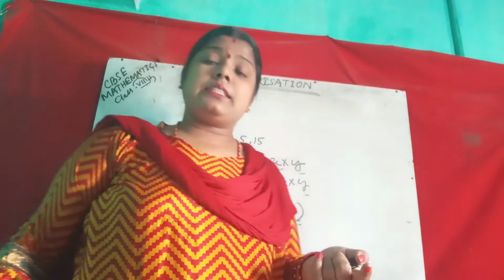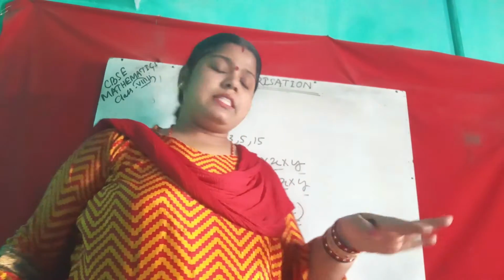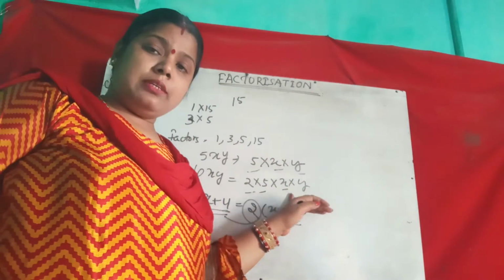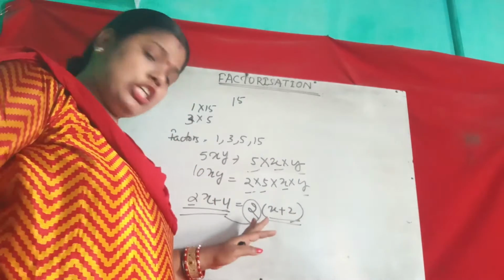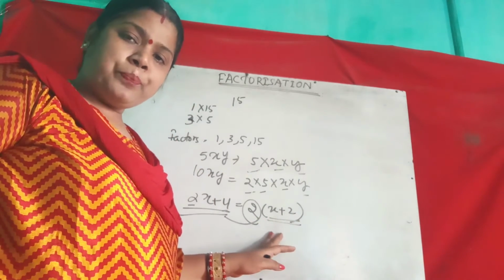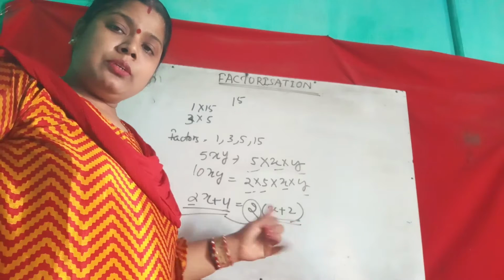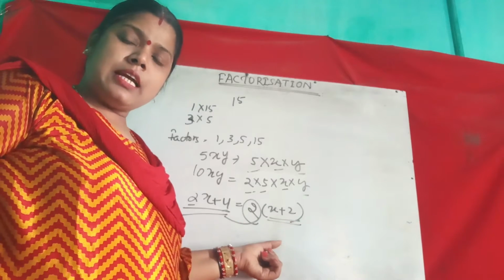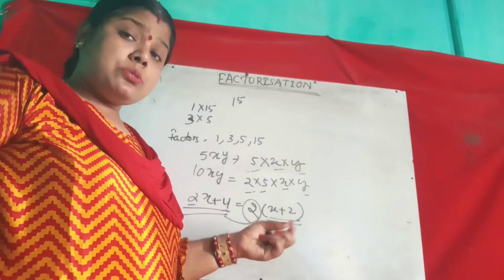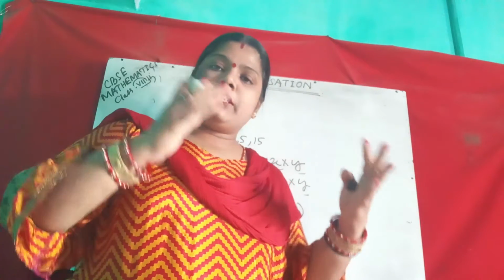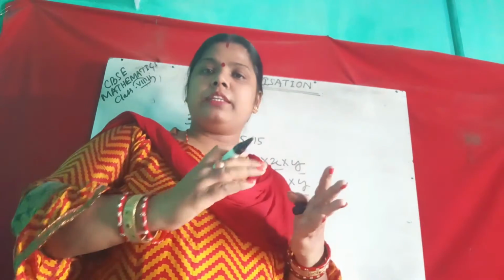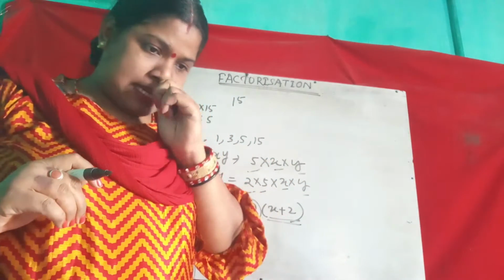So the factors may be numbers, variables, like 2, 5, x, y, or a number and an algebraic expression, like 2 into x plus 2. When you factorize an algebraic expression, the factors may be a number, a variable or an algebraic expression.